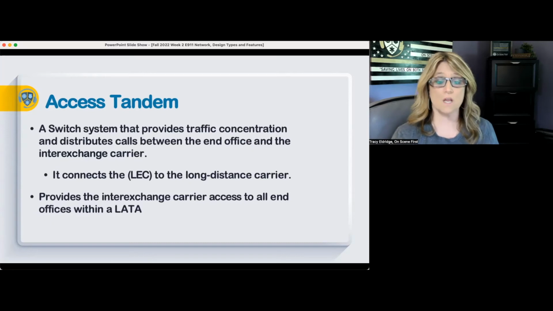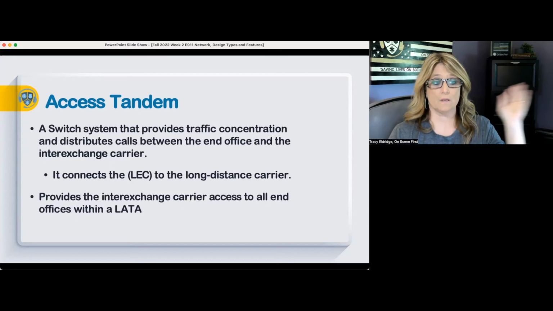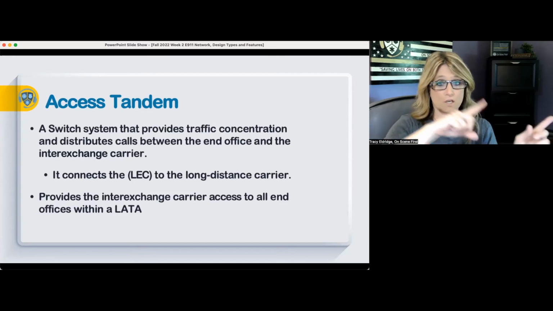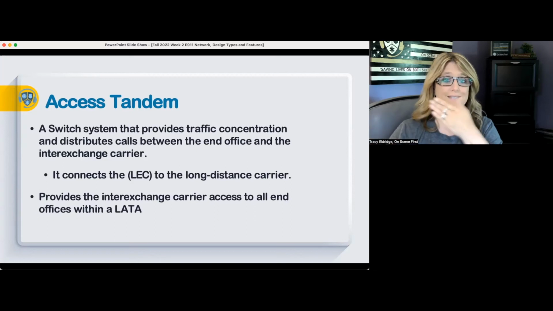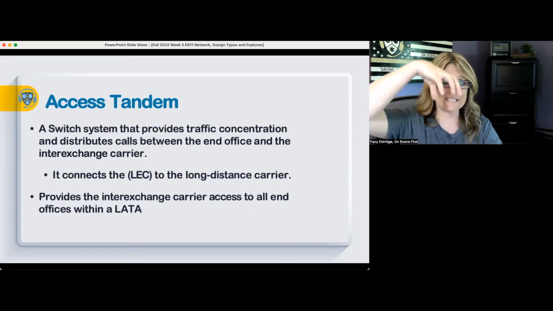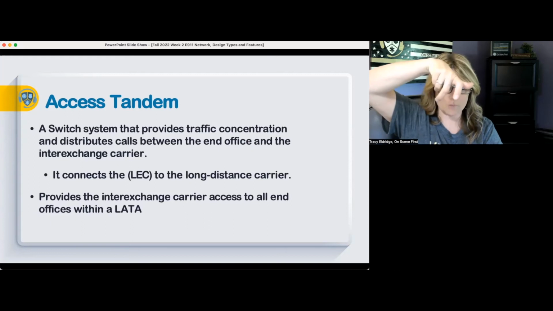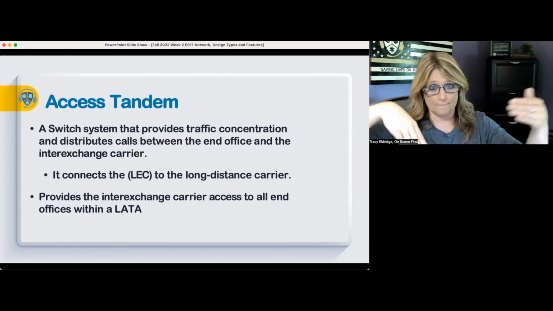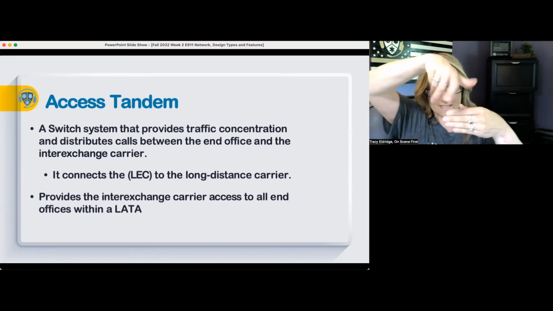Okay, so envision I'm calling Aunt Sophia McGillicuddy in Boston. I'm in Rochester, pick up the phone, dial her phone number. That call is going to travel to the central office. It's going to terminate there. It's going to hit this access tandem, which is part of the switch, and it's going to switch it.